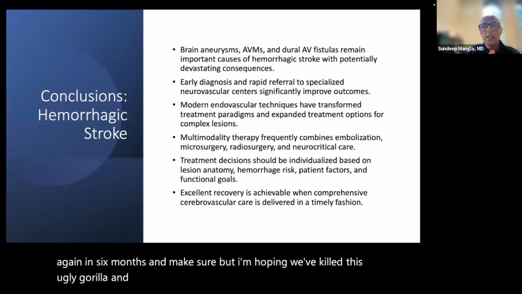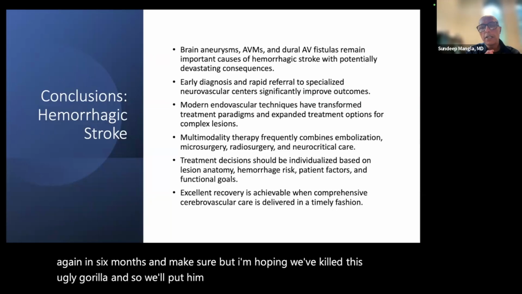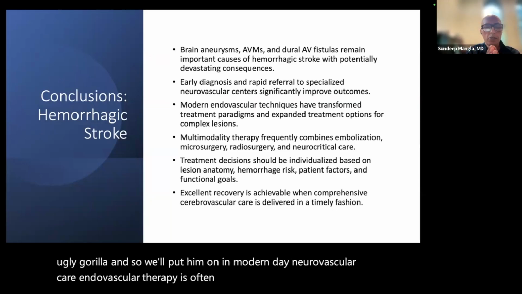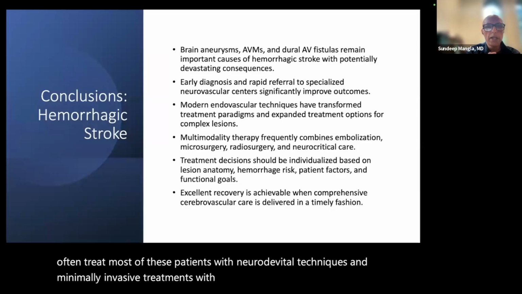And so brain aneurysms, AVMs, and dural fistulas remain an important cause of bleeding or hemorrhagic stroke with potentially devastating consequences, as we've talked about. In modern day neurovascular care, endovascular therapy is often the first and front line. So we can often treat most of these patients with neurointerventional techniques and minimally invasive treatments with low risk and low morbidity.